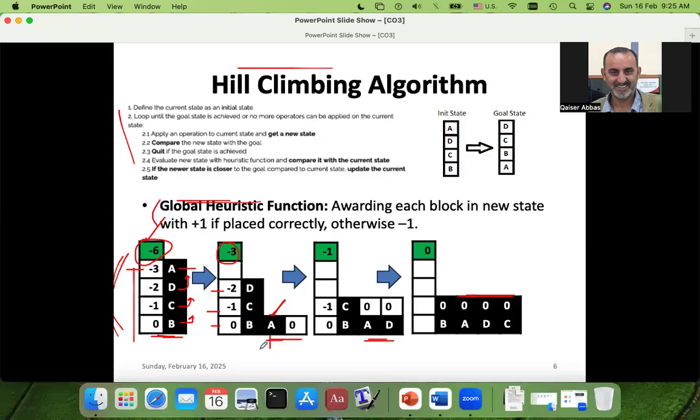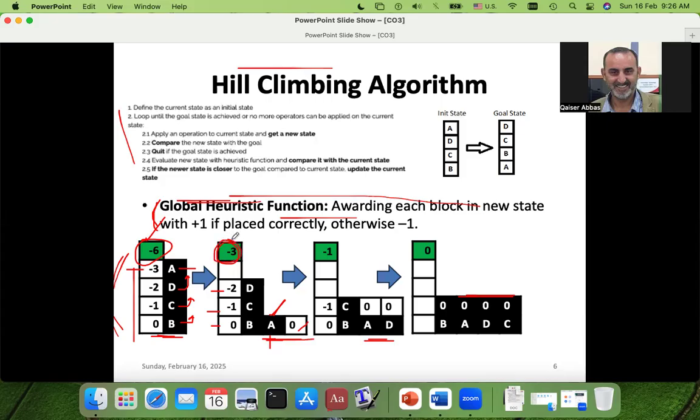I will rephrase it so it is clearer. Whatever blocks are on the ground, the value for them is 0. A is now on the ground, so that's why we give it the value 0. So now this has the heuristic cost -3.